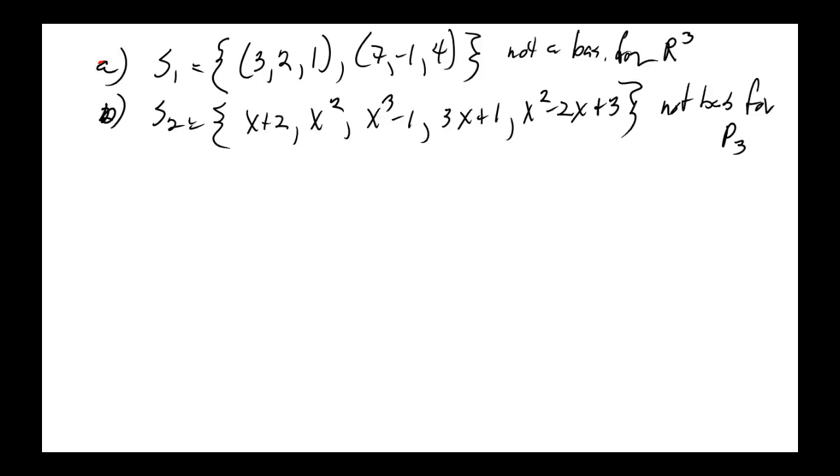Okay, so let's do example 9. I think I'll go to a clean page, just in case we need it. Determine the dimension of each subspace of R3. So these are all subspaces of R3. Okay?